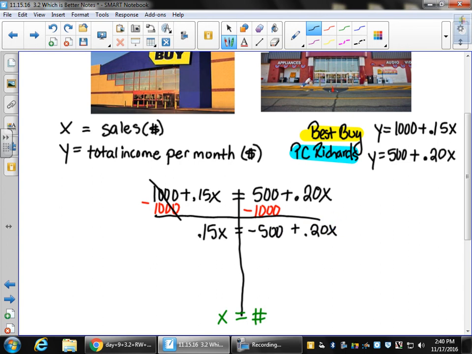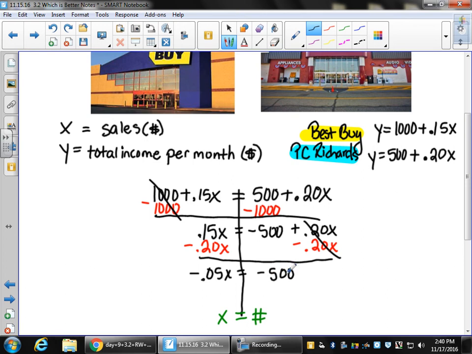Then I subtract 0.20x from both sides. .15x minus 0.20x gets me negative 0.05x equals, this is gone, bring down the negative 500.